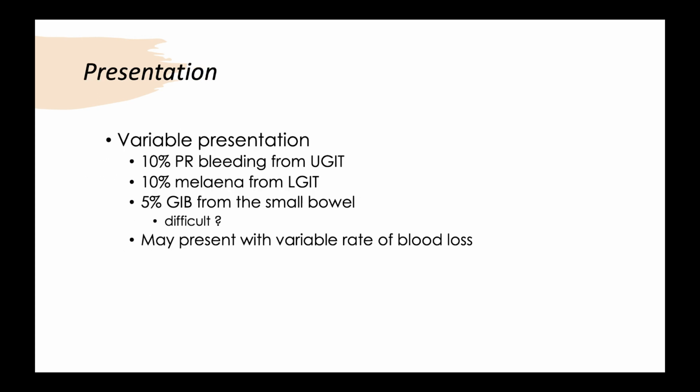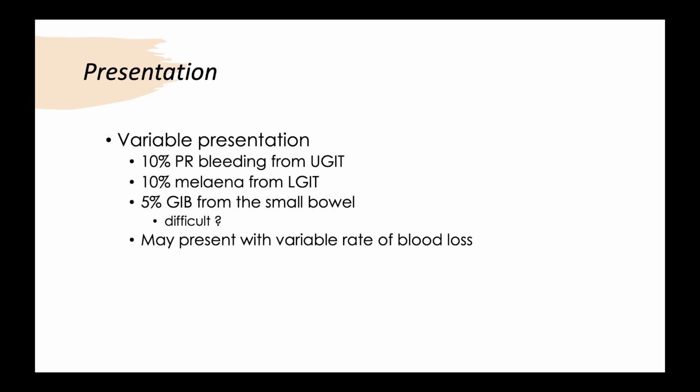Okay. So, how do they present? The presentation is variable. Obviously, you can have bleeds from any part of the GI tract. So, if you've got an upper GI bleed, still 10% present with PR bleeding, and if you have lower GI tract bleeding, 10% present with melena.